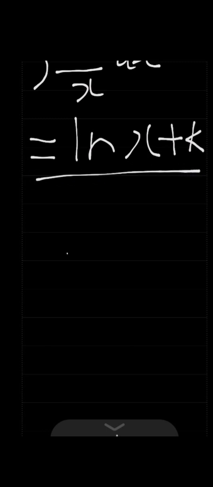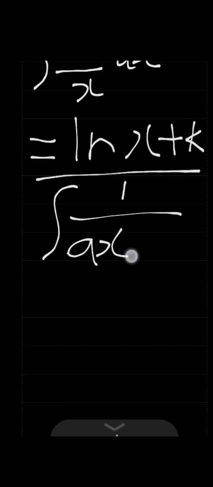So now let's go on and look at the integral of 1 over ax plus b. We are going to differentiate any function in this form. That is a linear function, right? As you can see, it's a linear function. So what do we do?